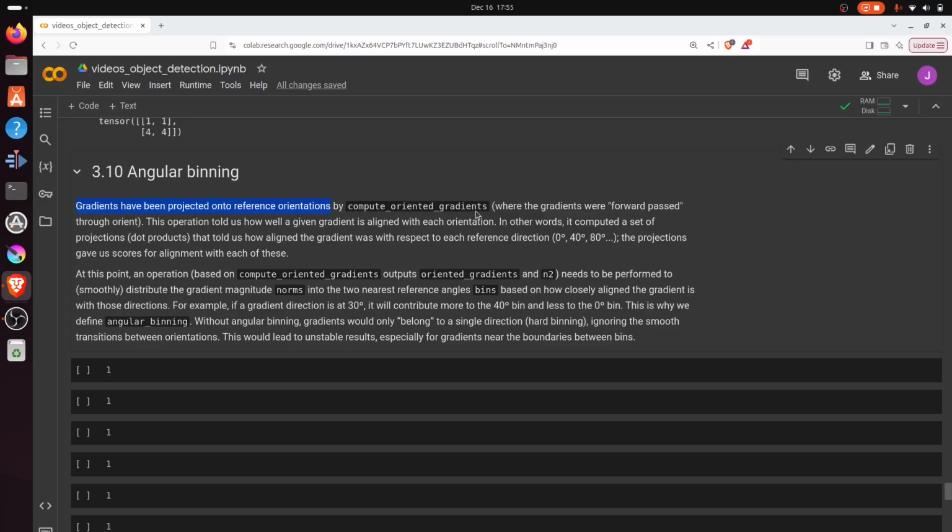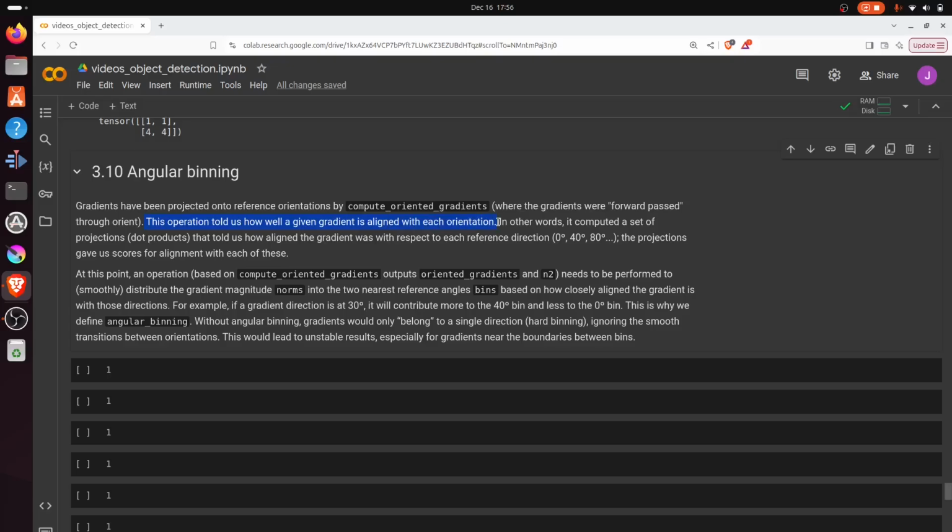The gradients were passed through the orient layer in order to obtain gradients classified with respect to these reference orientations. This operation told us how well a given gradient is aligned with each orientation, so it gave us a score.